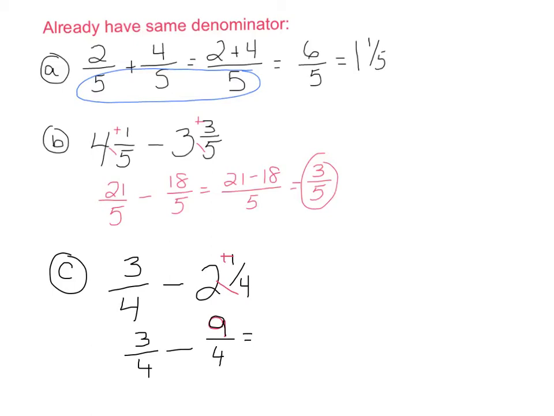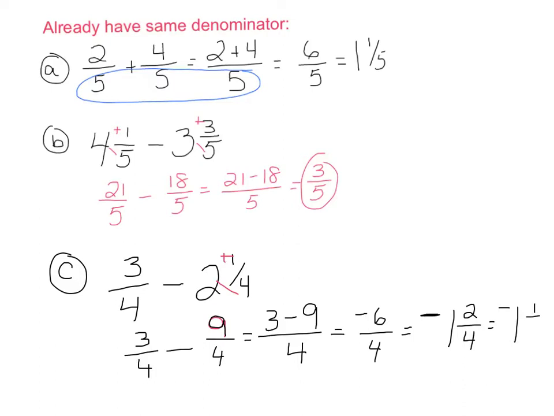So if I think 3 minus 9 over 4, 3 minus 9 is -6 over 4. So I keep the negative sign in front. 4 goes into 6 one time with 2 left over, so I have 2/4, which becomes -1 and 1/2. Okay, so this is all situations where I have the same denominator. A couple different examples and applications.